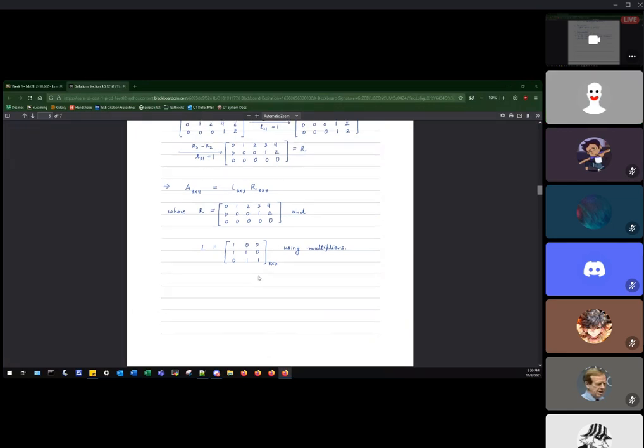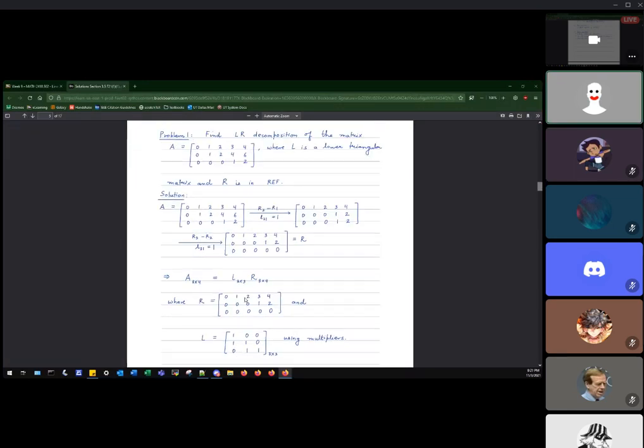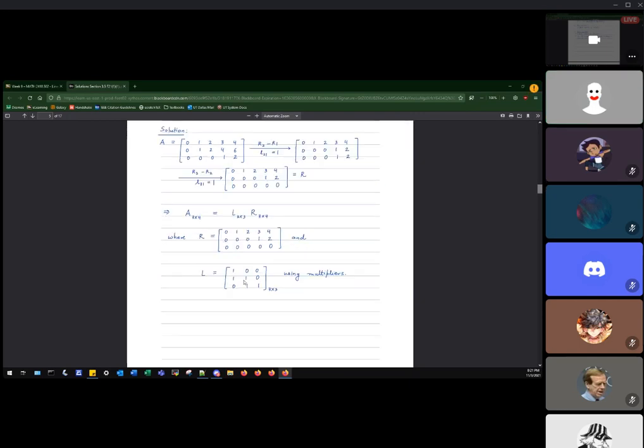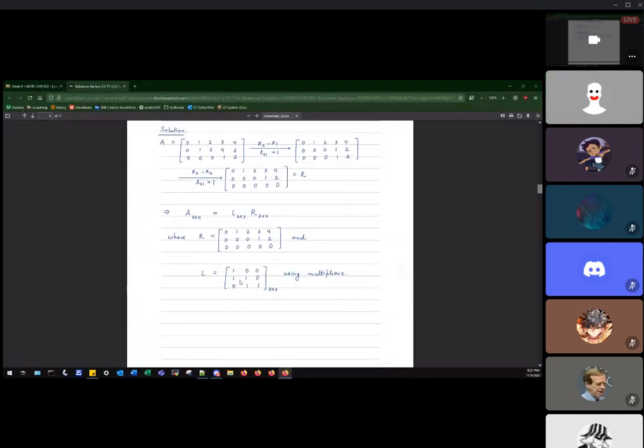And that's all for LR factorization. I think this can also model the left null space. I'm not sure. No, it does not, because this is the inverse of the elimination matrix.